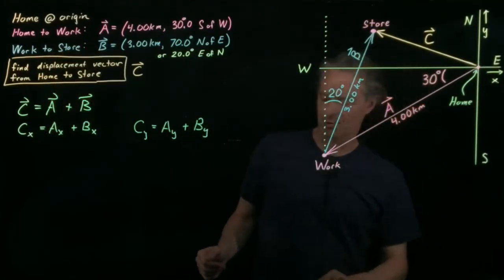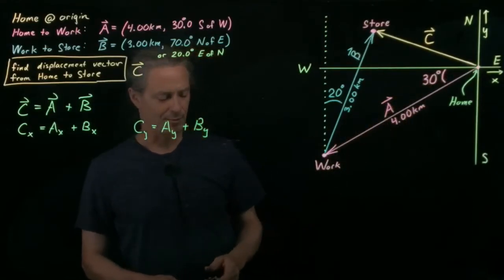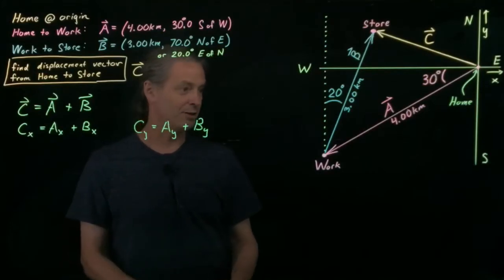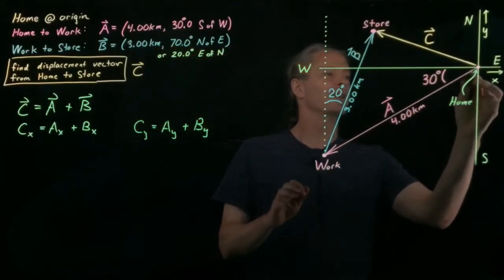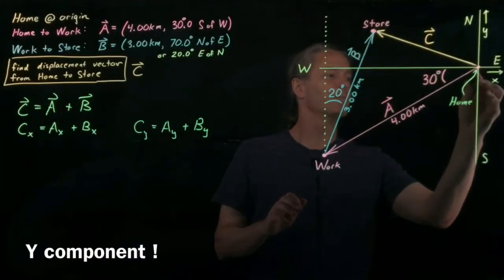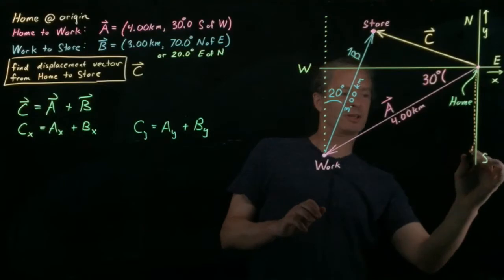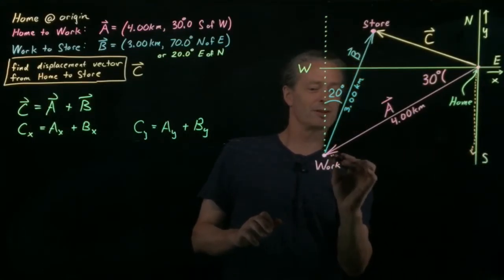So let's do this. First, we got our vector A. We can break that into components. So I can show those components here on the board. Let me do that. So vector A is going to have a y component, and then x component here.